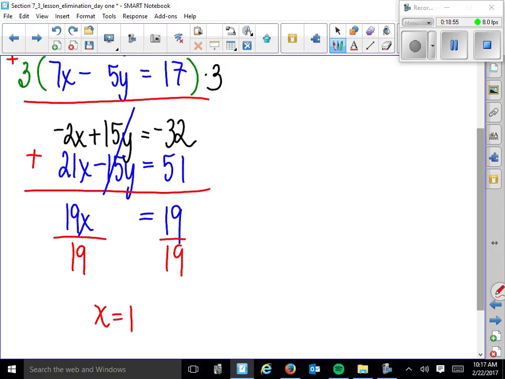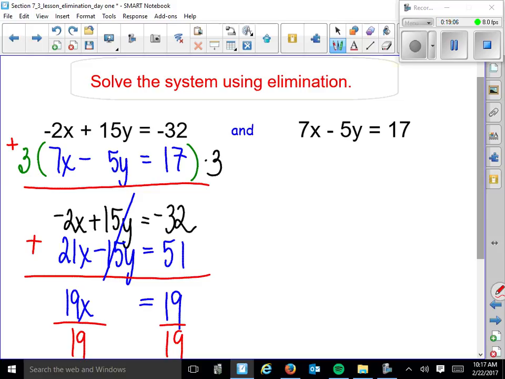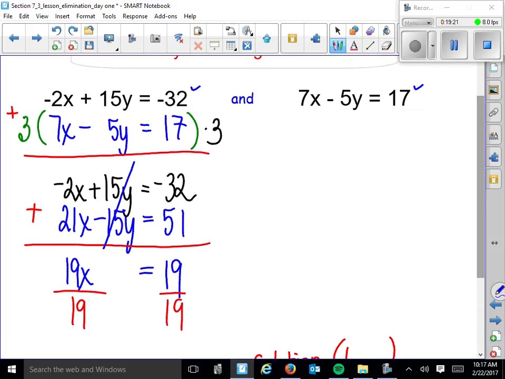So I know that my solution is 1, and then whatever I find for the y coordinate. It's really going to be helpful if I go back to one of the original two equations, either this equation or this equation. Both have negatives. I think I'm going to use the first equation, negative 2x plus 15y equals negative 32.